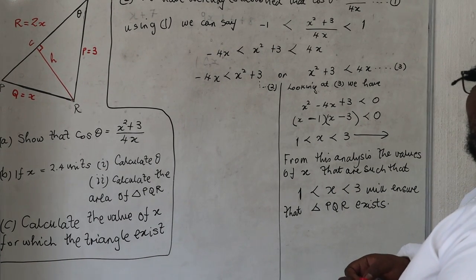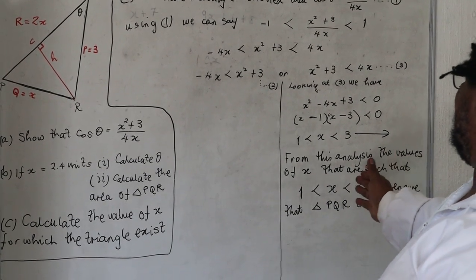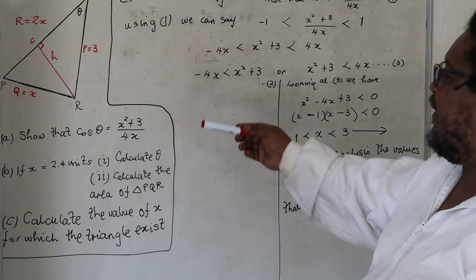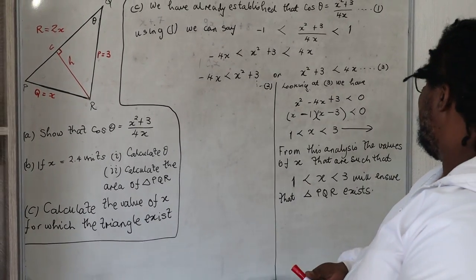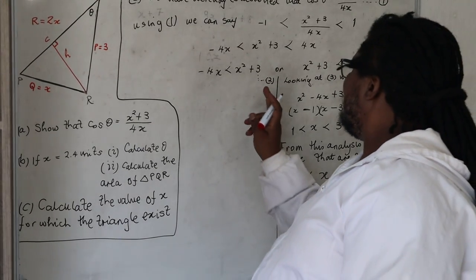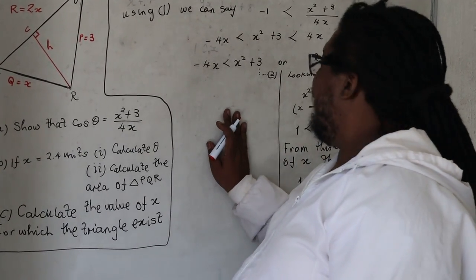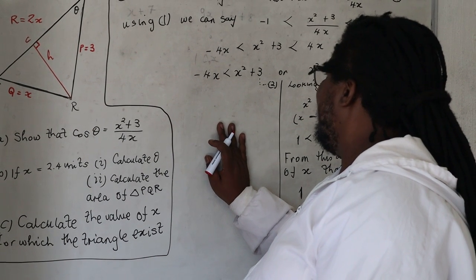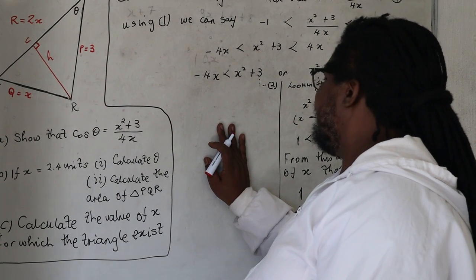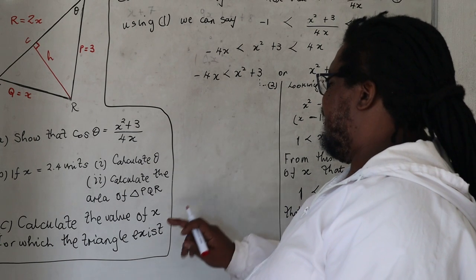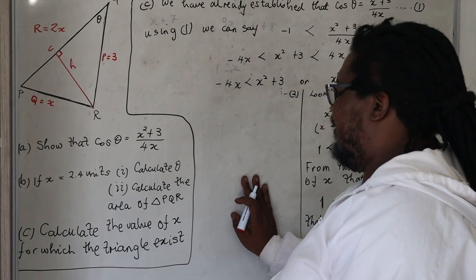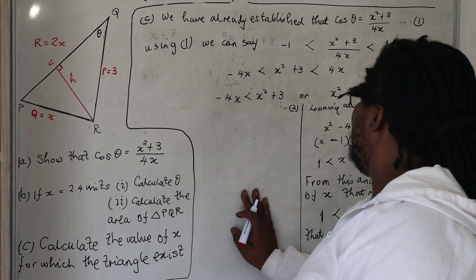So, before we conclude that this is done, let us consider the left-hand side where we have this inequality. This is the solution. But here we want to see if we can get any feasible solutions that will satisfy that requirement.